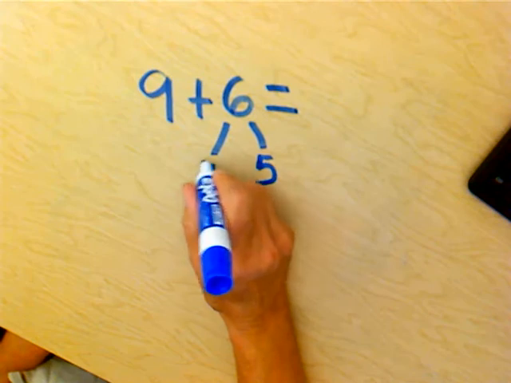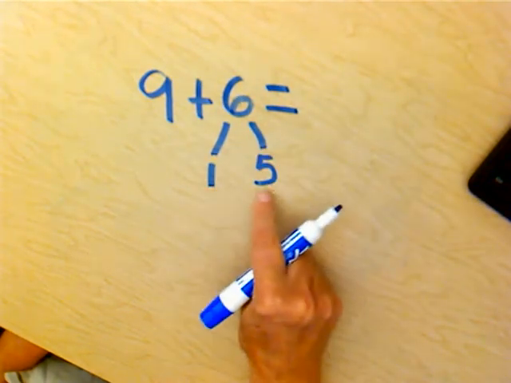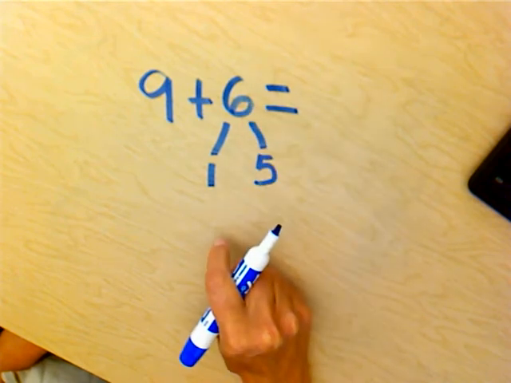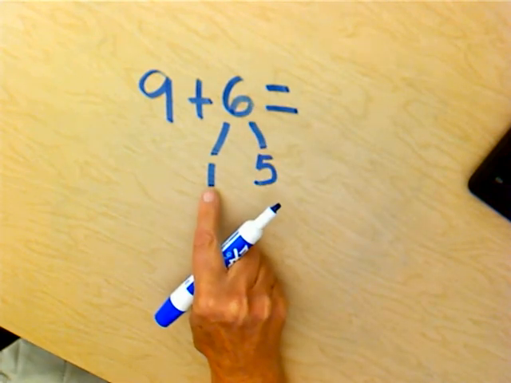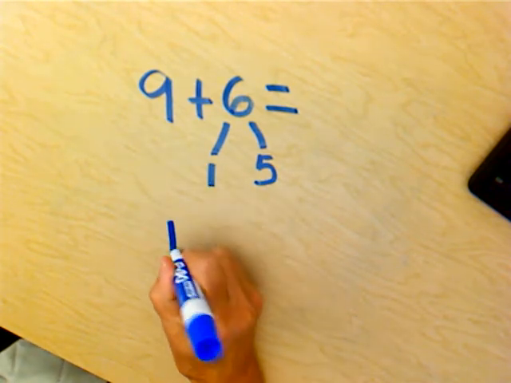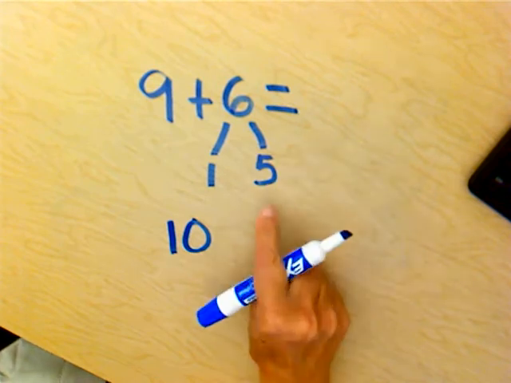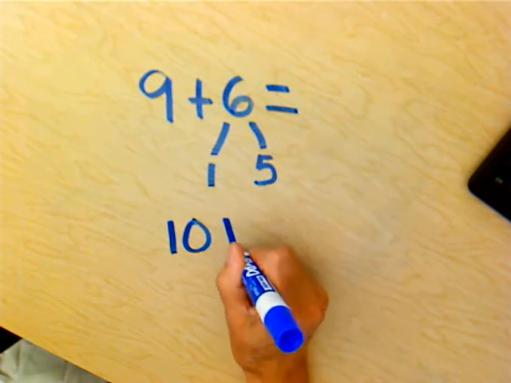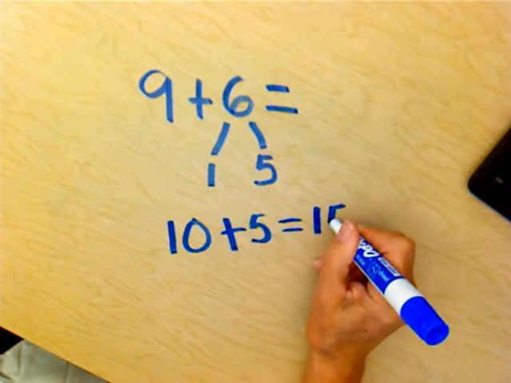So this is like a little mini number bond where I have 1 plus 5 equals 6. But now I can make this addition very easy for myself. I can say 1 plus 9 is 10, so I've used 1 and 9 to get 10, and I still have 5 that I haven't used, so 10 plus 5 would equal 15.